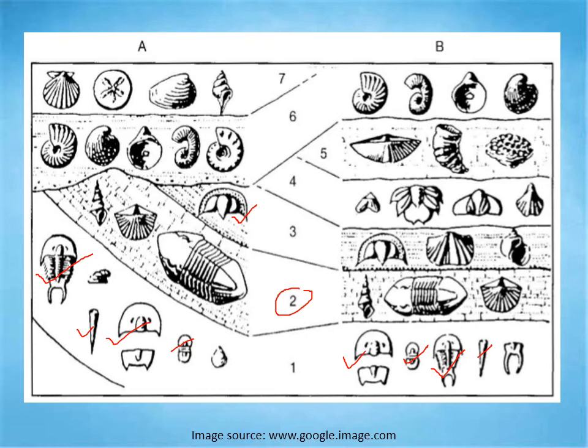Similarly, due to differences in energy condition and depositional environments, the layer 4 and 5 fossils which are present in the right hand side, that depositional environment might not be there in the left hand side. Or, as you can see, these layers are inclined, so it might be that deposition took place in the left hand side, but that was eroded.